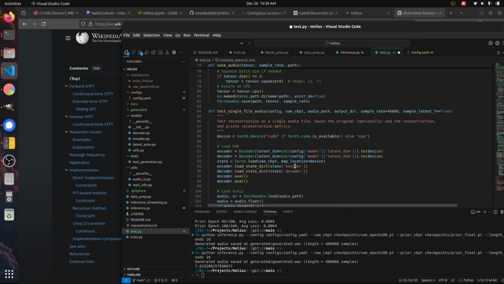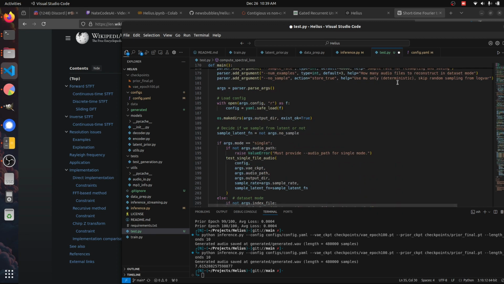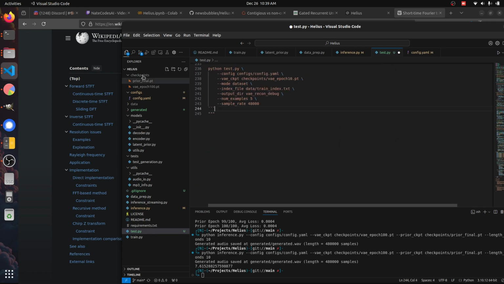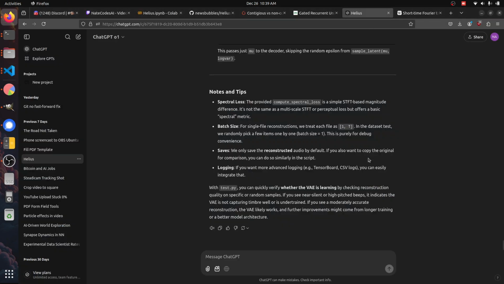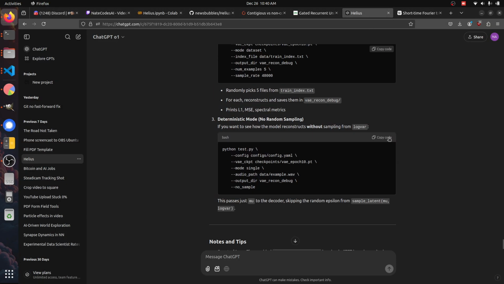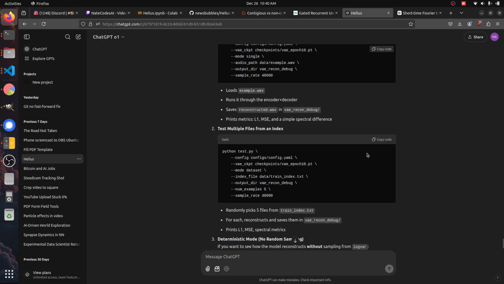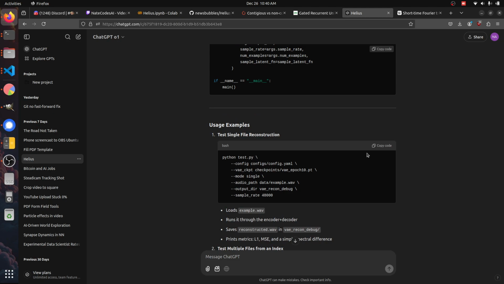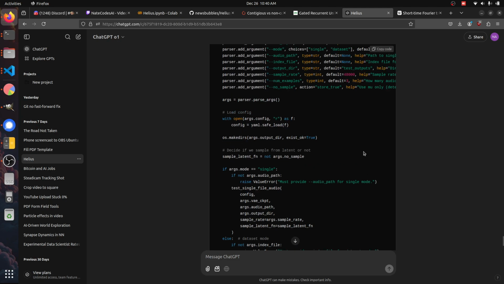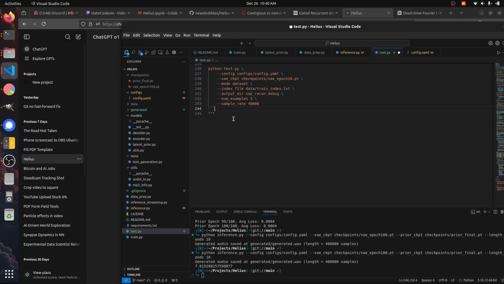Alrighty, so this is our last final non-deterministic example. Let's copy the non-deterministic example. I'm not quite sure how the model reconstructs without sampling from logvar. Okay, we're going to have to see what logvar actually is.